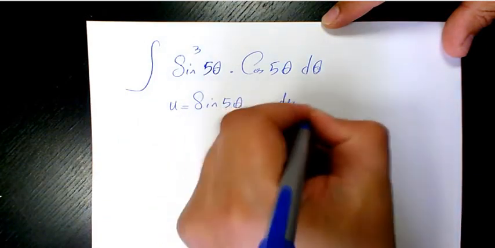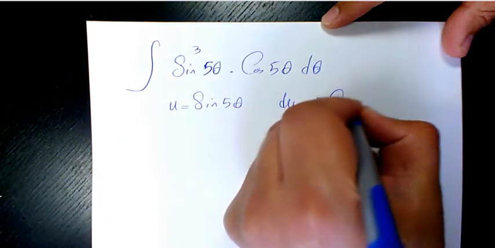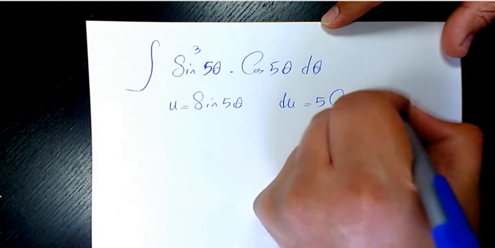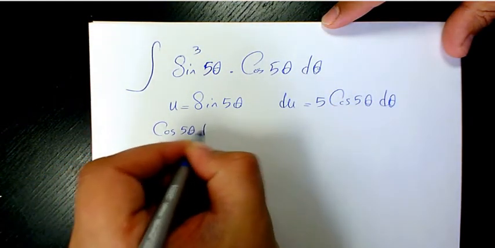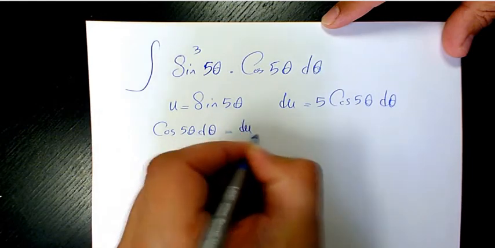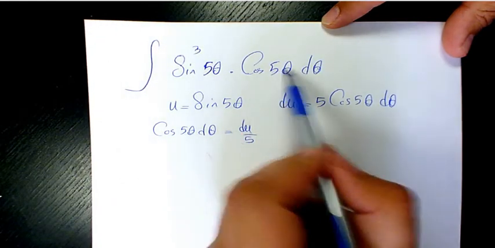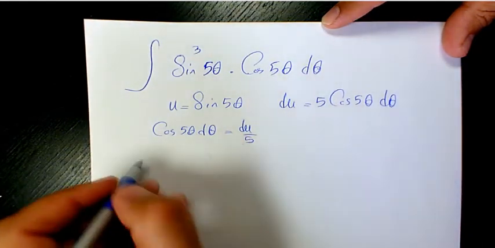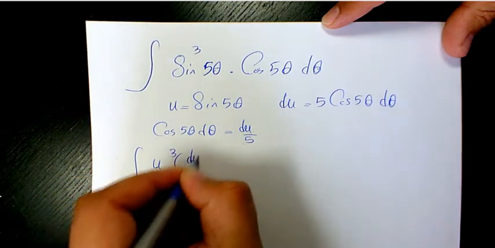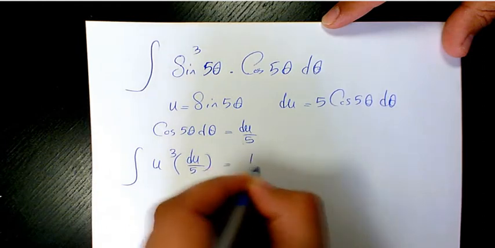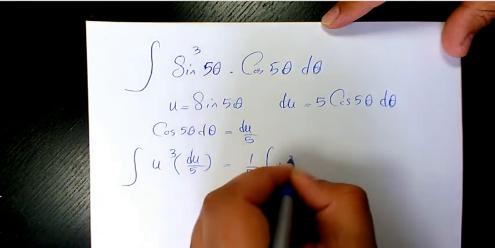So du is going to be 5 cosine 5 theta d theta. So cosine 5 theta d theta is going to be du over 5. So we have u to the power of 3, du over 5, which is 1 over 5 u cubed du.